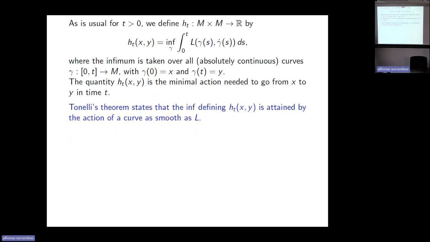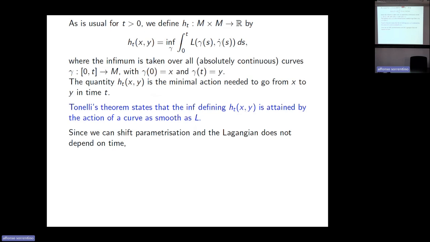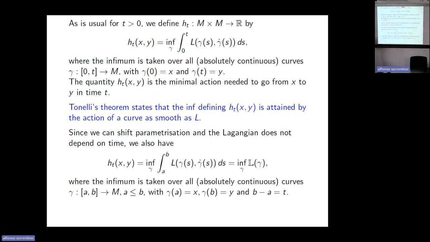Tonelli's theorem states, for a Tonelli Lagrangian, that the infimum defining h_t(x,y) is attained by the action of a curve as smooth as L. Since we can shift the parametrization and the Lagrangian does not depend on time, h_t(x,y) is also the infimum over all curves joining x to y, parameterized by an interval of length t. That doesn't change anything.